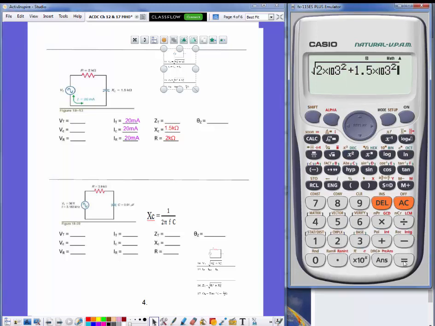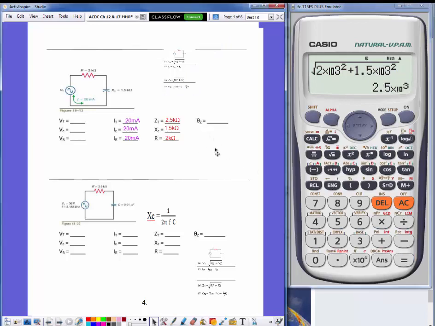The square root of those two numbers squared. Who figured that out? I have no idea. Giving us 2.5 k ohms. So now we can figure out all of our voltage values.